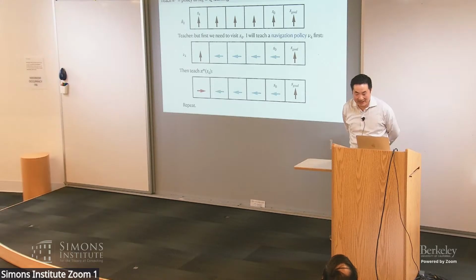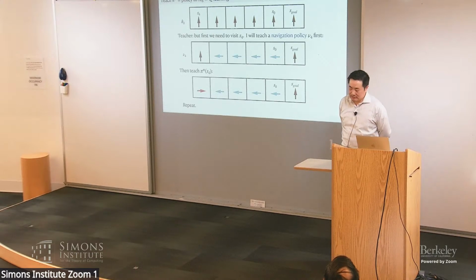So as you can imagine, in the strongest case the teacher can just demonstrate arbitrary state and desired action pairs, and that is almost trivial. In the tabular case, you basically just demonstrate each state's desired action for that policy. That's it.